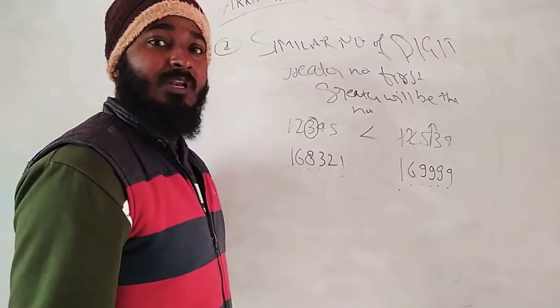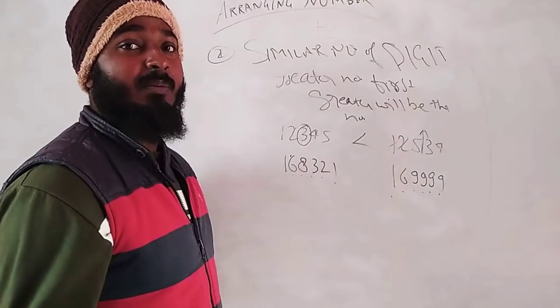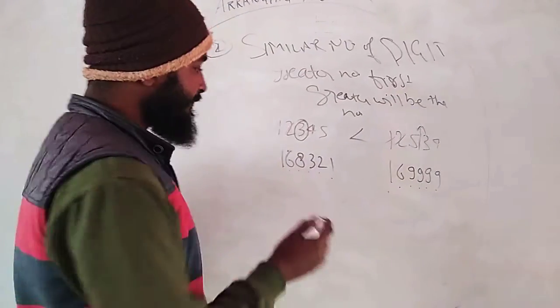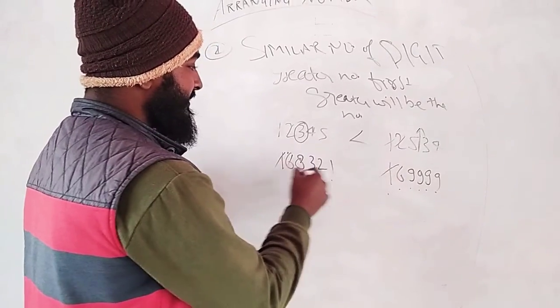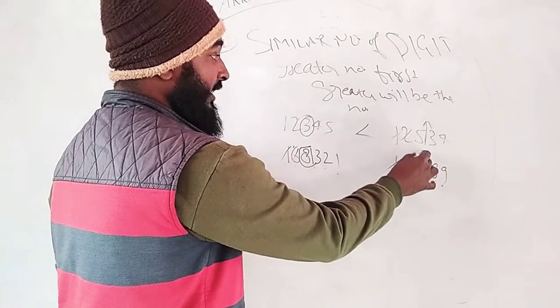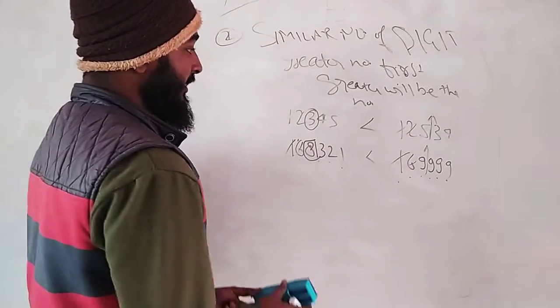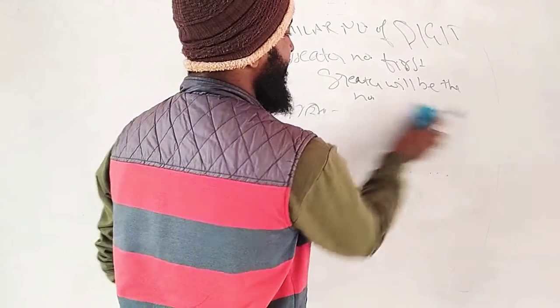Both numbers have 6 digits, so don't deal with that. Just deal with which number has the greater digit coming first. 1, 1, 6, 6. Here comes 8 and here comes 9. So this one is greater.